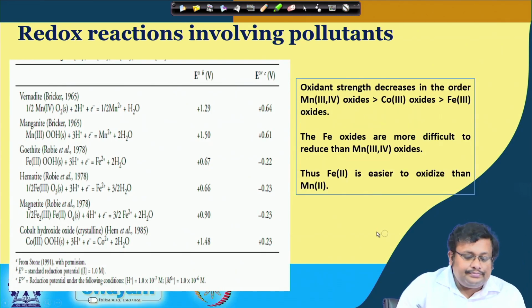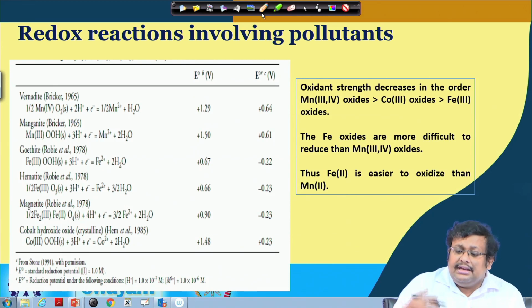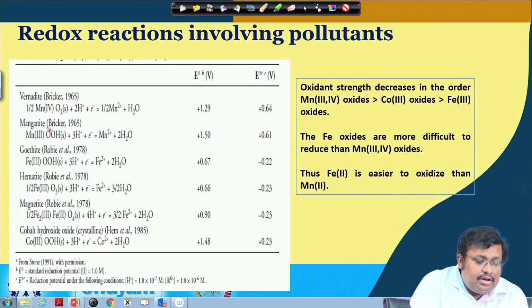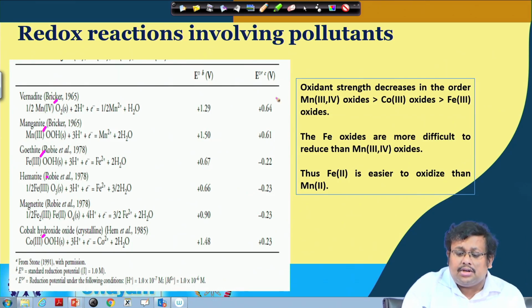One thing is clear: oxidant strength decreases in the order of Mn3 or Mn4, which is greater than cobalt 3 oxides, which is further greater than Fe3 oxides. This is the oxidant strength we can see based on the standard redox potential.